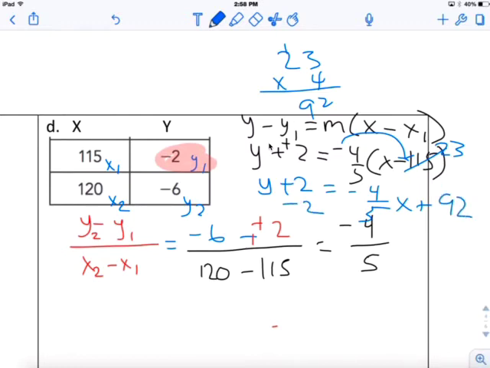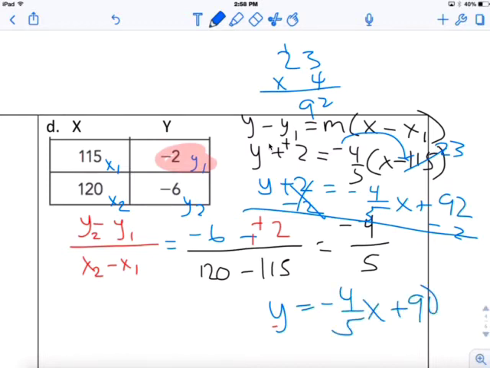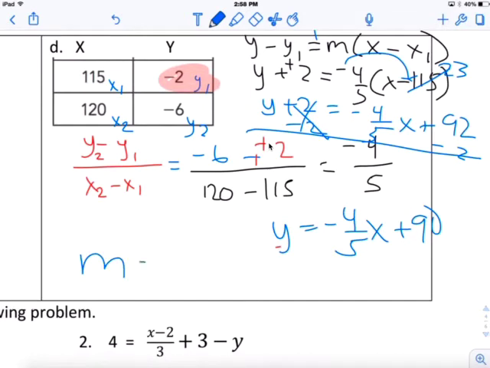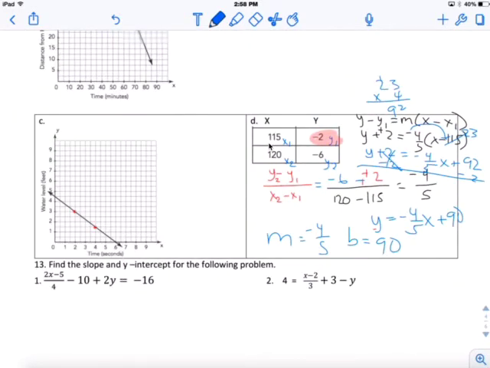Then minus 2 minus 2. So y is equal to negative 4 over 5 x plus 90. The slope is negative 4 over 5. The y-intercept is 90. Okay? That's how you do that.